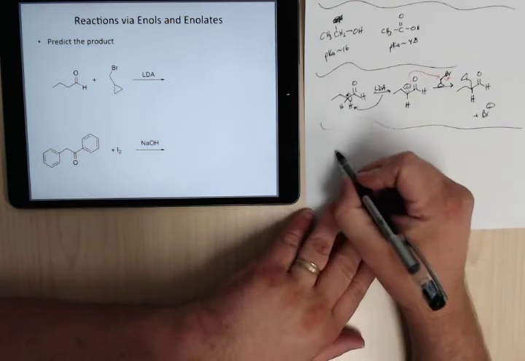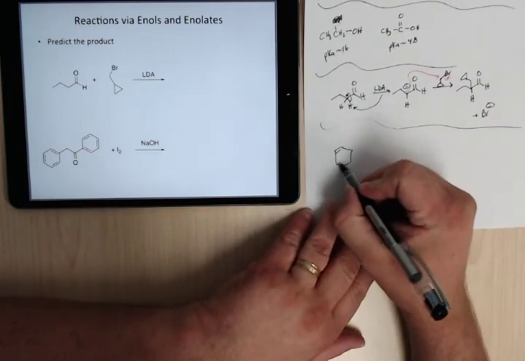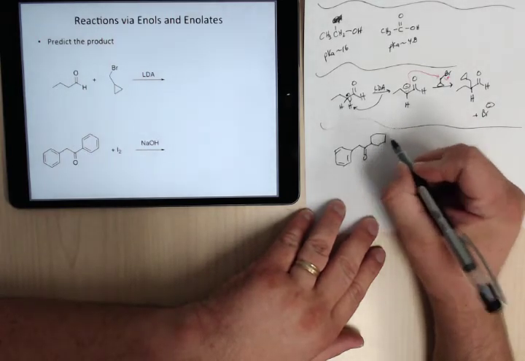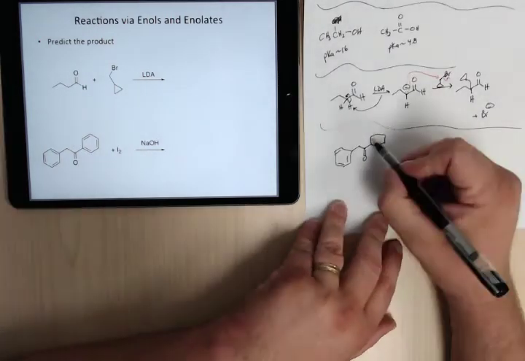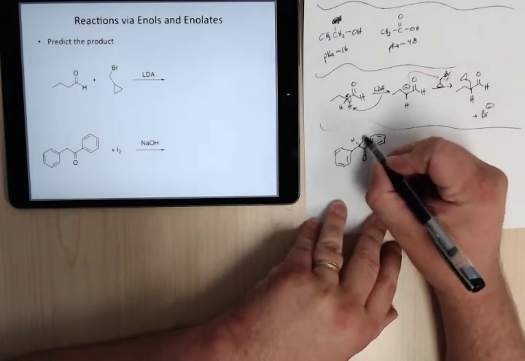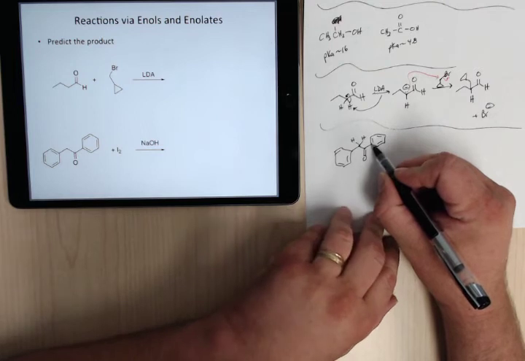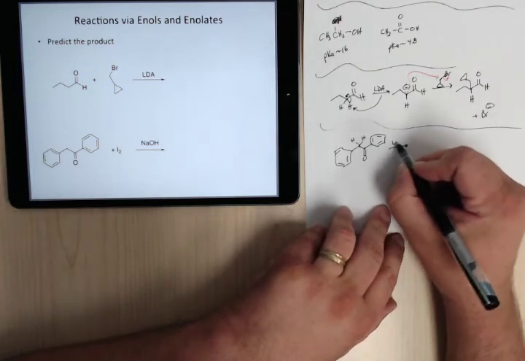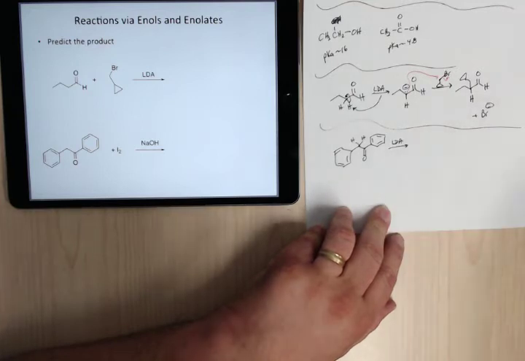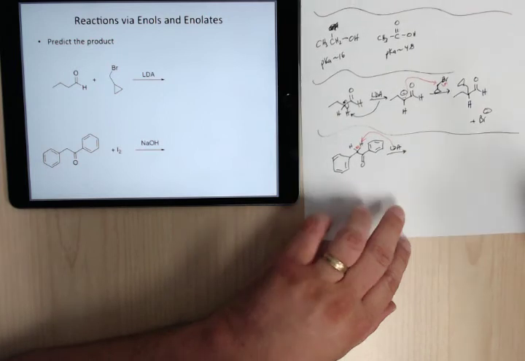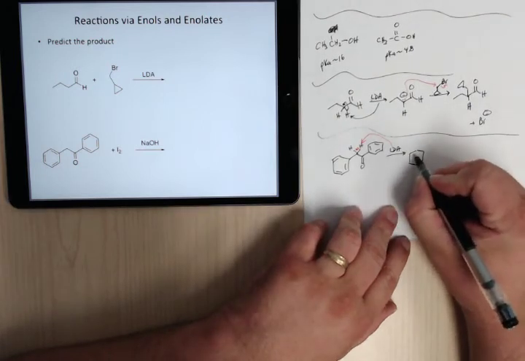Now for this one, here are the hydrogens here. We can't pull off any hydrogens on this side because there aren't any hydrogens. So we throw in our LDA. That's going to come in and grab one of these, put the electrons onto that carbon.